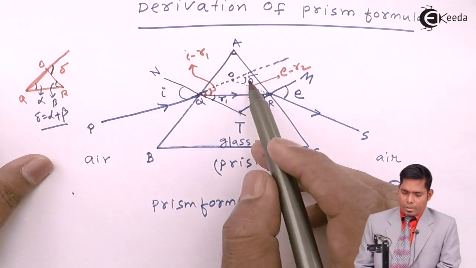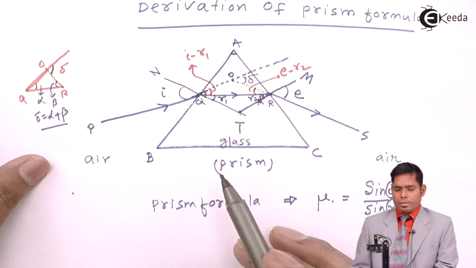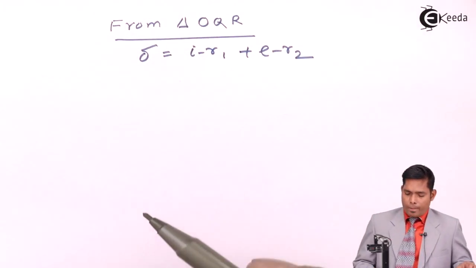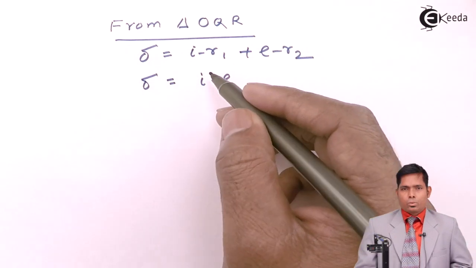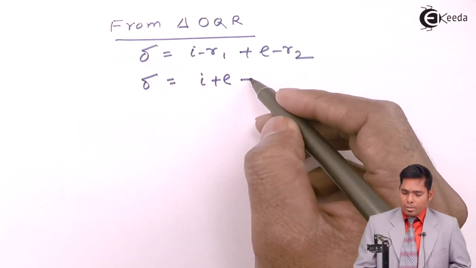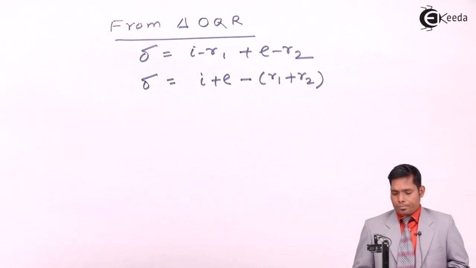This delta is the sum of these two remote interior angles, which are i minus r1 and e minus r2. So this delta will be i plus e. I keep these two together, and minus, I take minus common, so this is r1 plus r2.